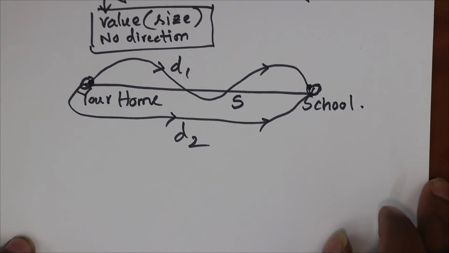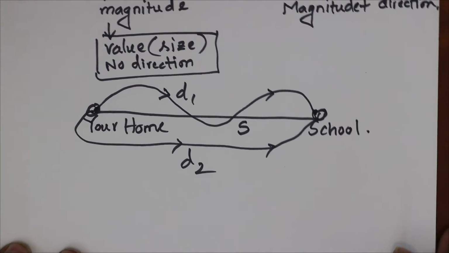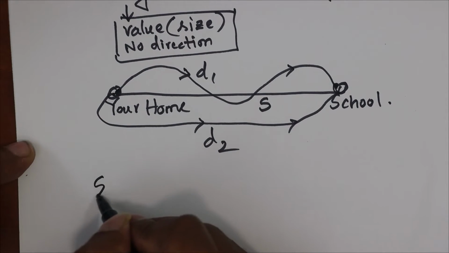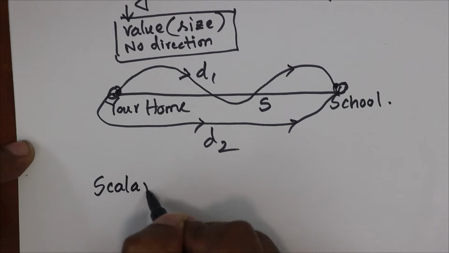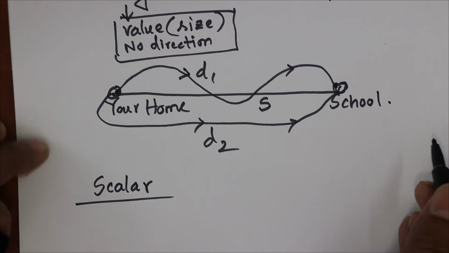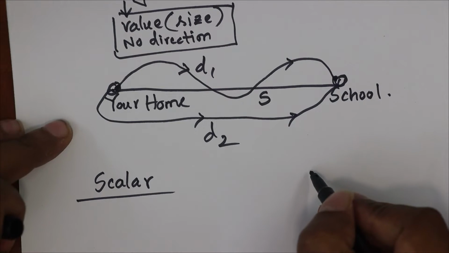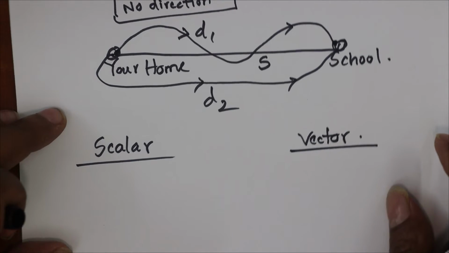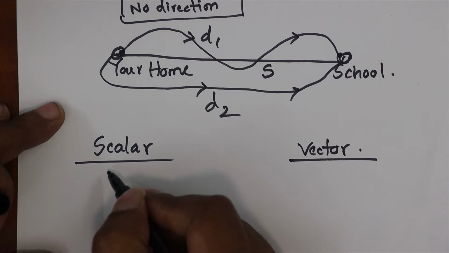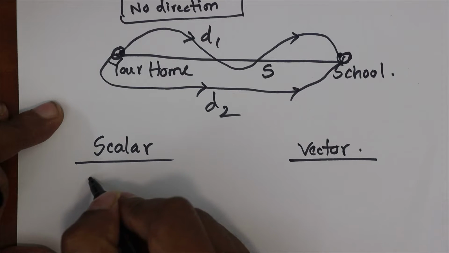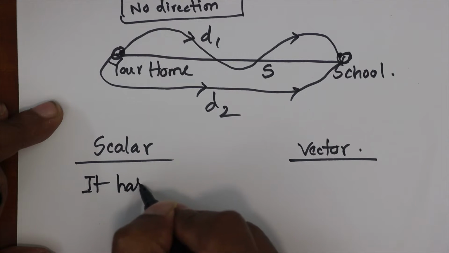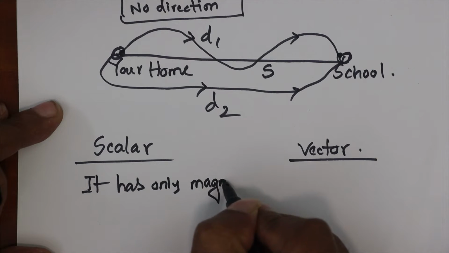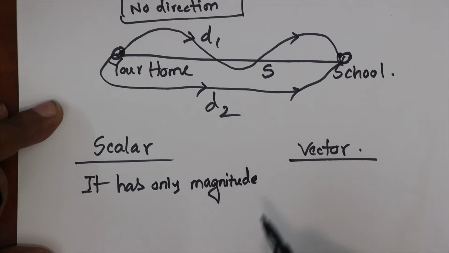So distance is a scalar quantity, displacement is a vector quantity. Scalar means the physical quantity which has only magnitude. On the other hand, vector means the physical quantity which has both magnitude and direction. What is the meaning of magnitude?